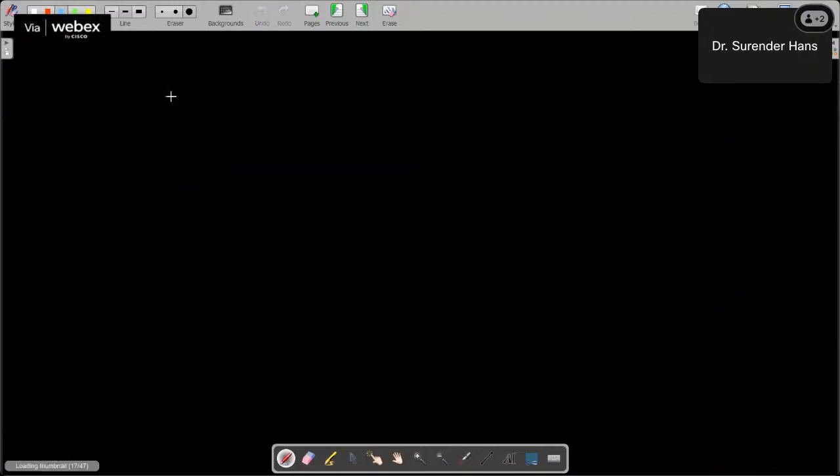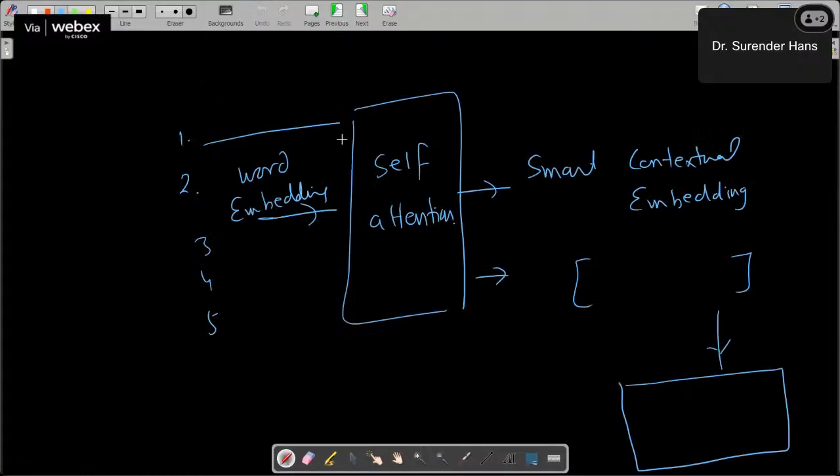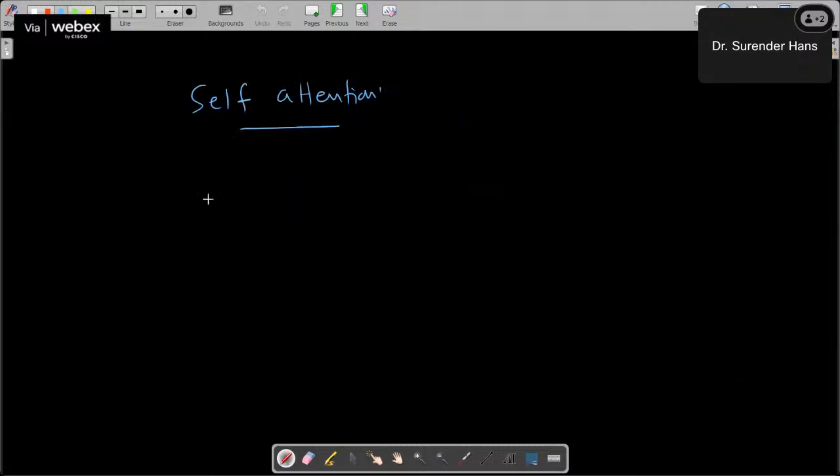So now the summary is this: self attention is a kind of mechanism that can take the static embedding as an input and generate a good, smart contextual embedding, which is much better to use for any kind of NLP application. Let's say the example is money bank, or river bank.